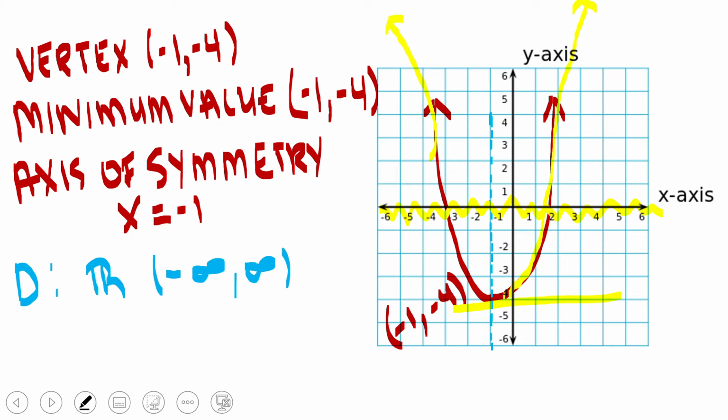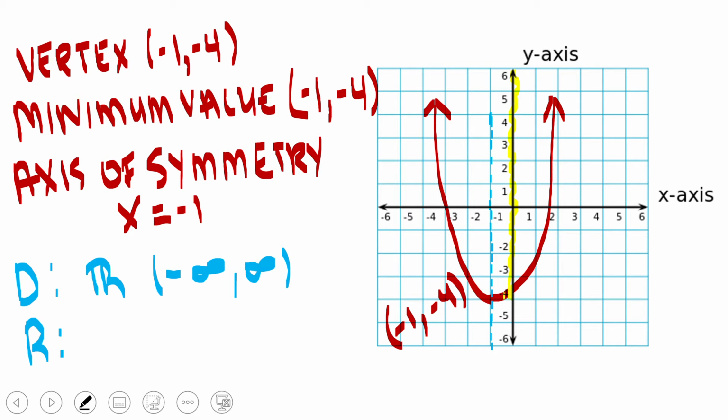If the domain is all the x's, then the range are all the y's. So the range would include what we see on the y-axis until the graph stops.